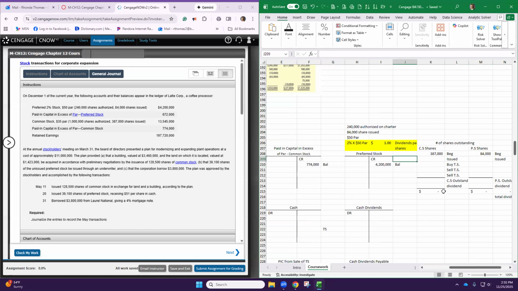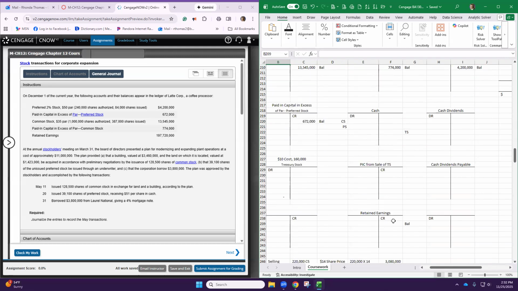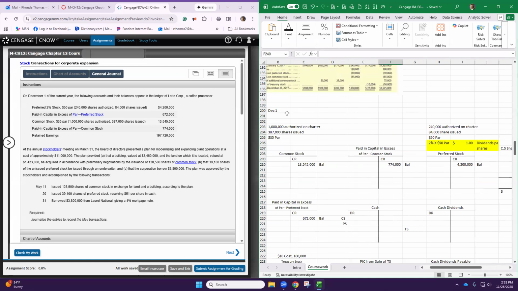You do want to put that down, because sooner or later we're going to figure out dividends. We have retained earnings too. The retained earnings balance is 197,720,000. Wow, it's a lot of money. At the annual stockholders meeting, it's now March 31st. So these were the beginning balances.